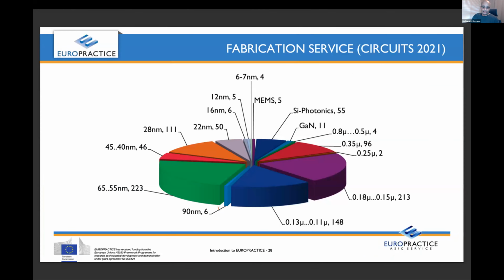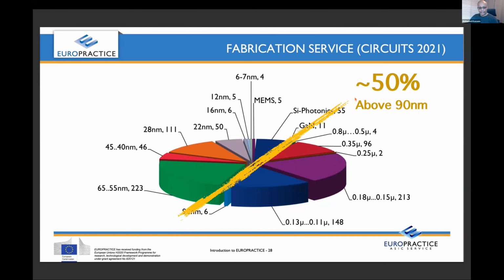And if you look at the world, this is a representation that I got from the Europractice team, and it is showing the division of the usage of different process technologies. You'll find that about half of the slice is above 90 nanometer. So the process is still relevant.